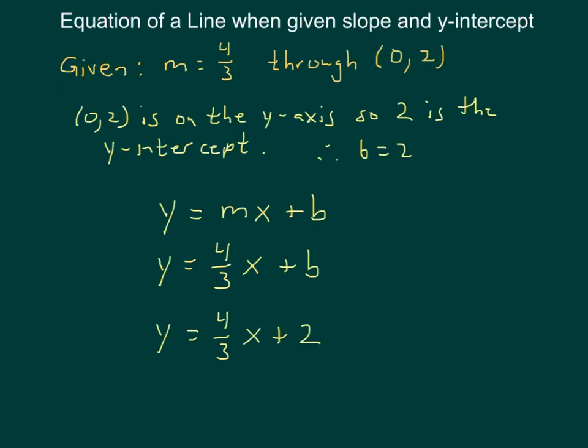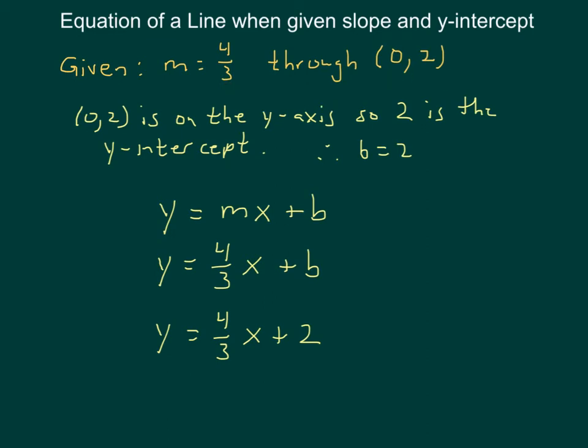Now, if you remember earlier, I said that when finding the equation of a line, I generally use point-slope unless I happen to be given a very specific point. That specific point I would be looking for is, do I get the y-intercept? If I have the slope and the y-intercept, then I'll just use slope-intercept form. So in this problem, I'm given that the line has a slope of 4/3, and it goes through the point (0, 2).